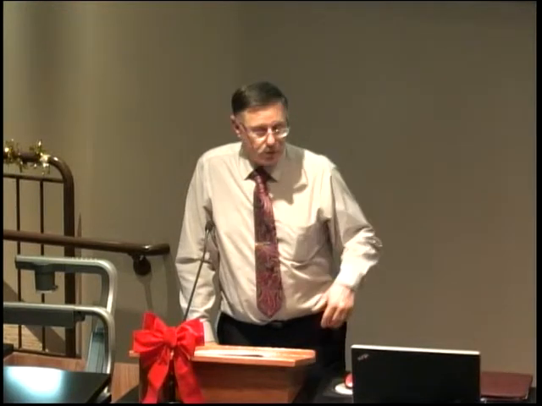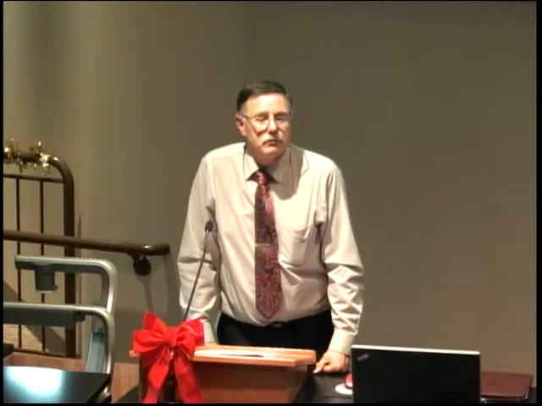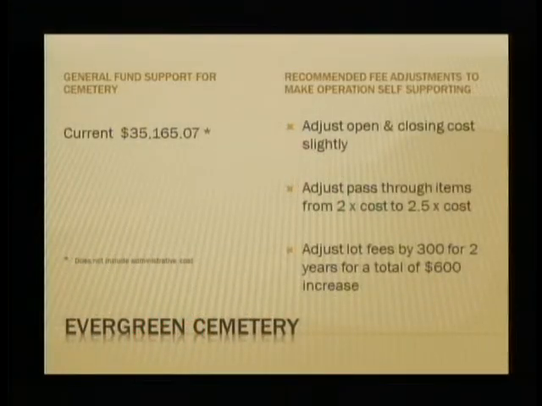What we're recommending for fee adjustments is to adjust some of our fees, and I'll go over those in a minute: opening and closing, a slight $50 increase. Adjusting our pass-through items from 2 times the cost to 2.5 times. That would be engraving, headstones, things we buy the material for and then pass on. And then we'd also need to adjust the lot fees by $600, and we're recommending $300 over a 2-year period.